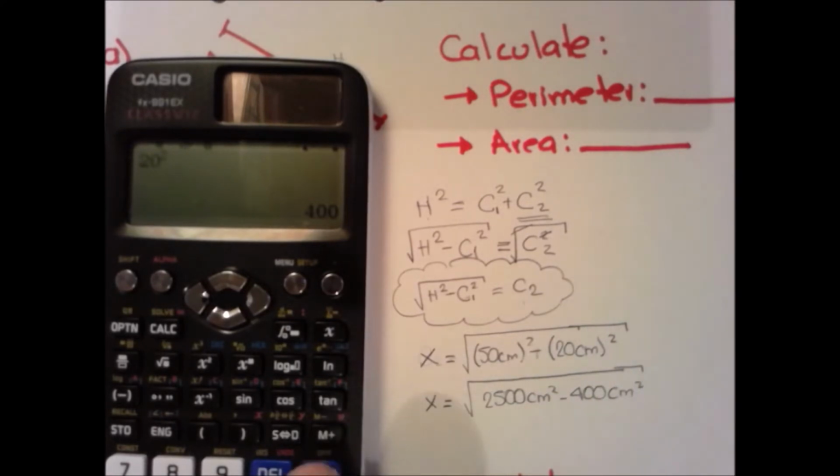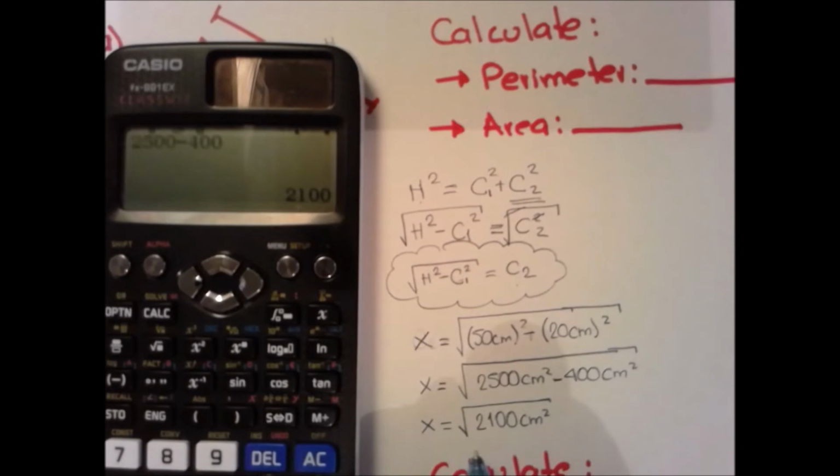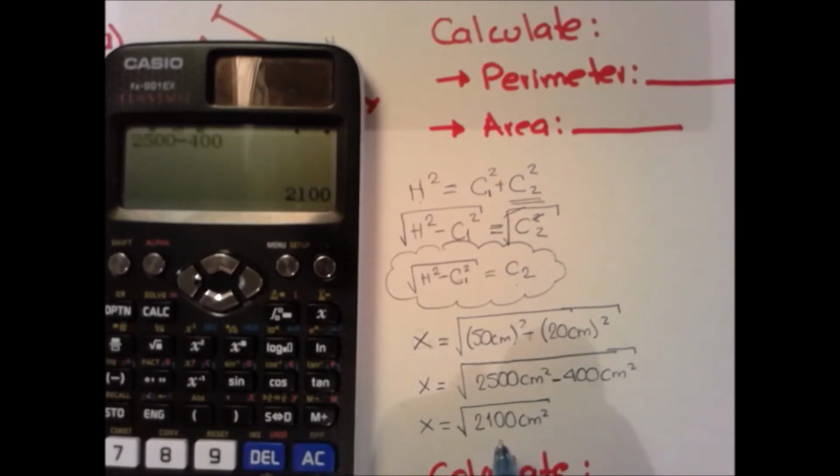Okay, so now we are going to make the subtraction of 2,500 minus 400, that is going to be 2,100 square centimeters. Well, this is going to be the length of the side, but we need to get the square root of that.